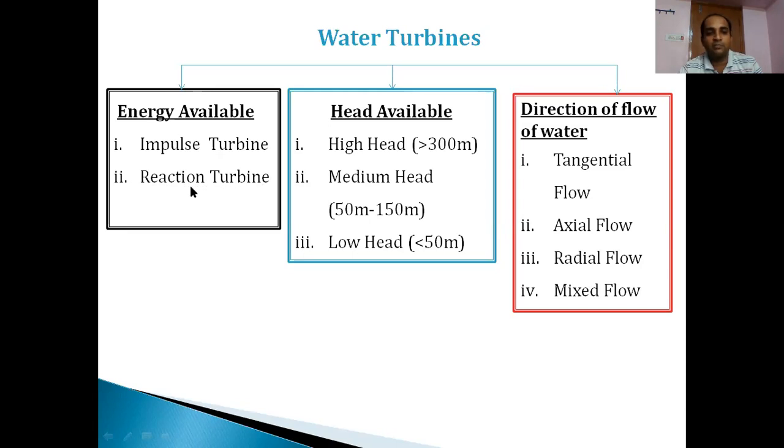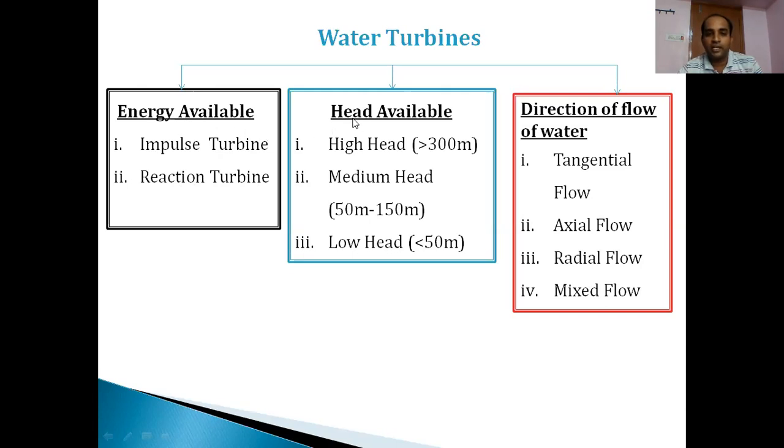The same happens here also. Even in this reaction turbine, there is part of kinetic energy acting in the form of an action, and due to that action, some amount of pressure energy is developed, that is due to the reaction developed. We call it both impulse and reaction together, known as reaction turbine. This is the first factor of classification, that is depending upon the energy available.